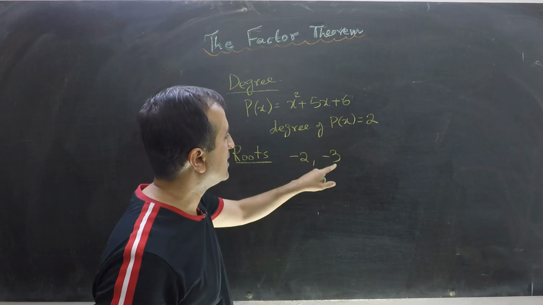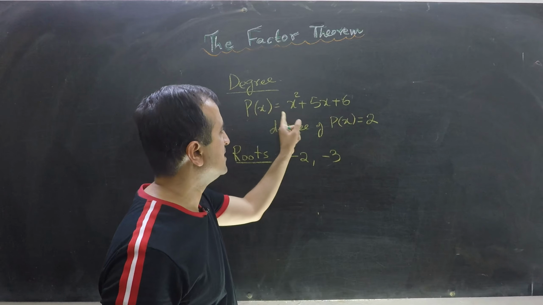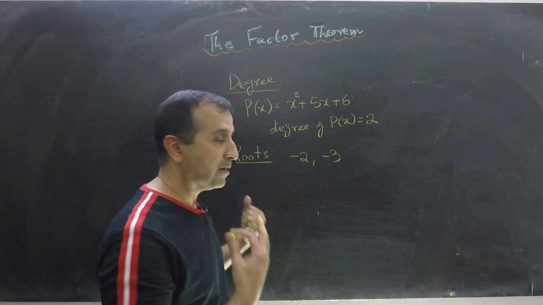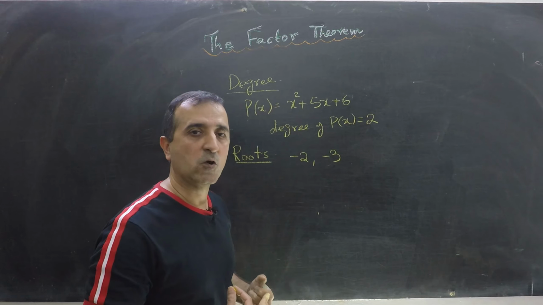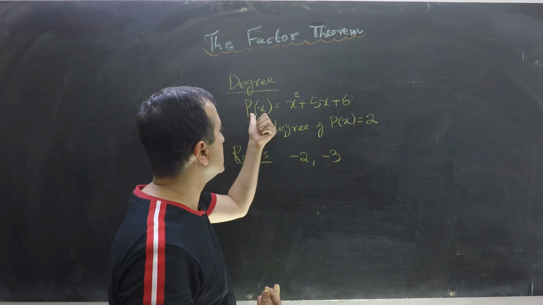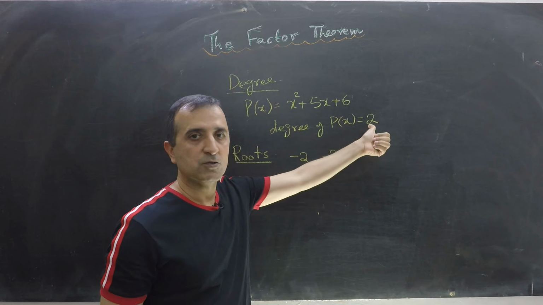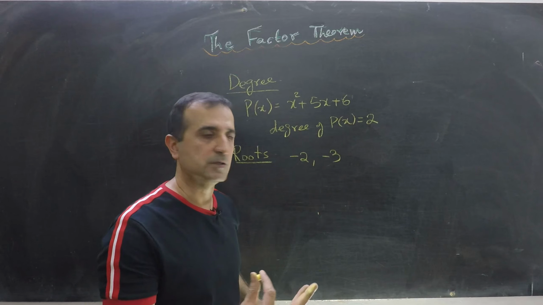Similarly, by putting -3 in place of x, this polynomial must be equal to 0. The number of roots of a polynomial is equal to the degree of the polynomial. Because the degree of this polynomial was 2, this polynomial must have 2 roots.